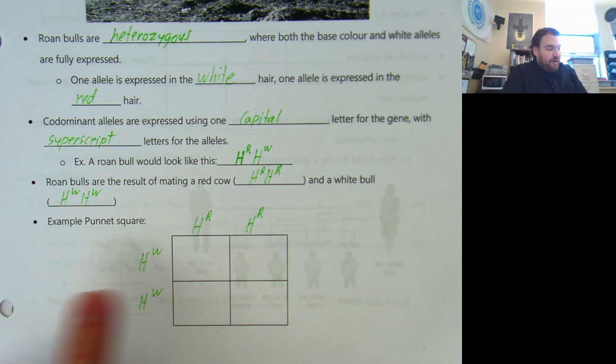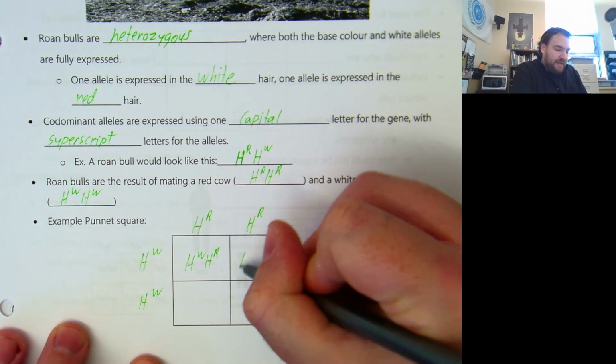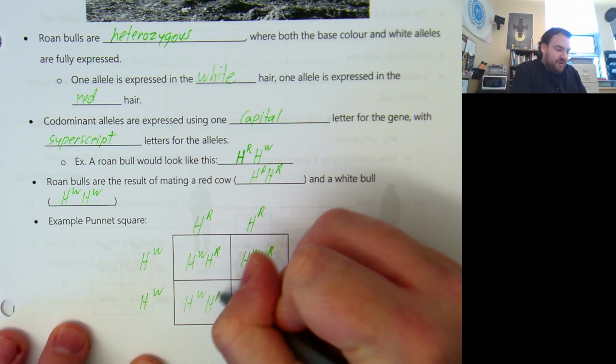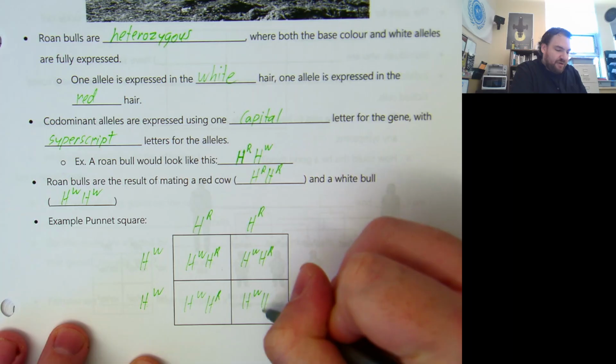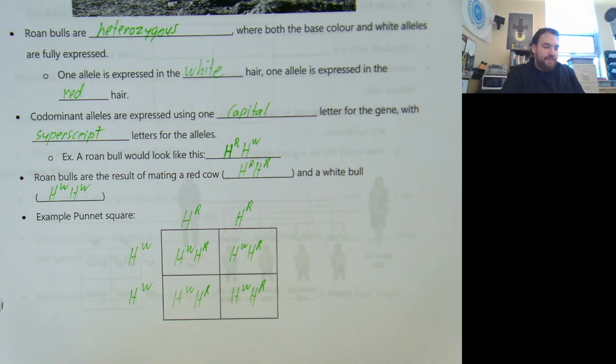And so then every square on the Punnett square would be H^R H^W. It could be H^R H^W either way, it doesn't matter. Because they're both dominant traits, we write them capitalized, everything capitalized.